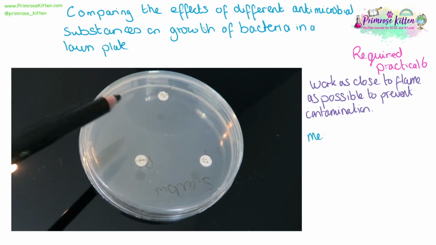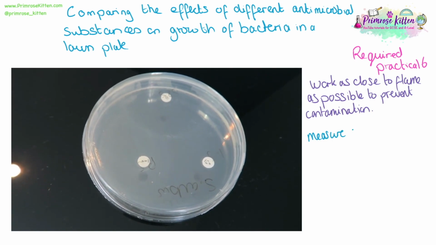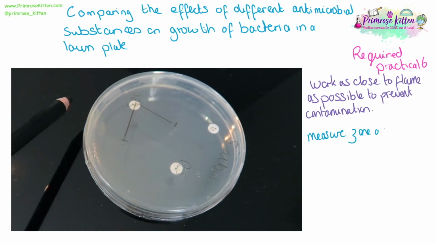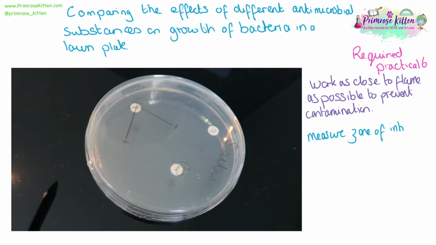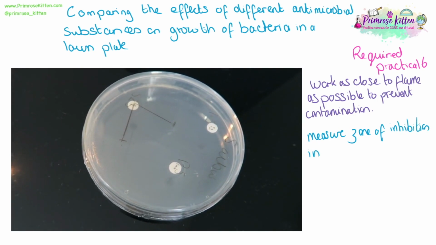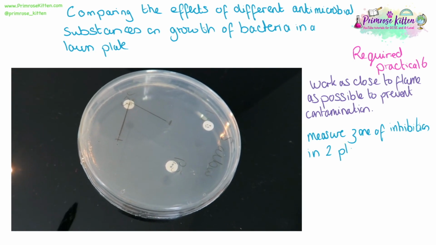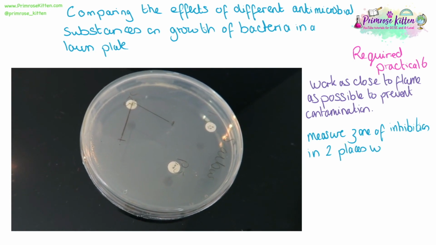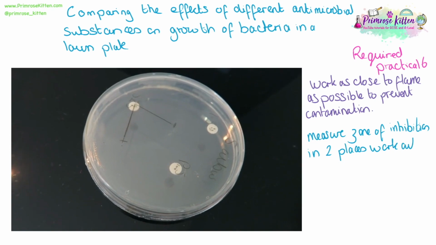You need to incubate your plates for a few days, and then you need to measure the zone of inhibition or the clear zone around each of your discs. It is best to measure this in 2 different places, as the clear zone is unlikely to be a perfect circle. You can then work out an average of these 2 different things.